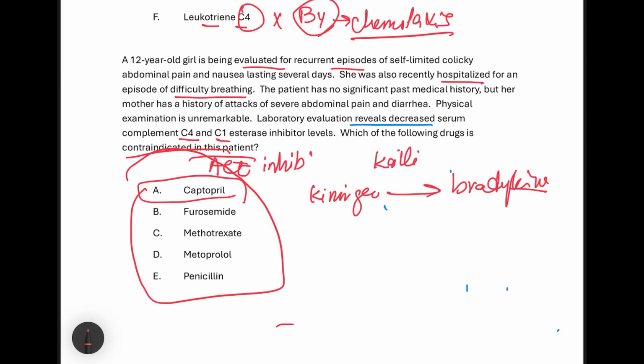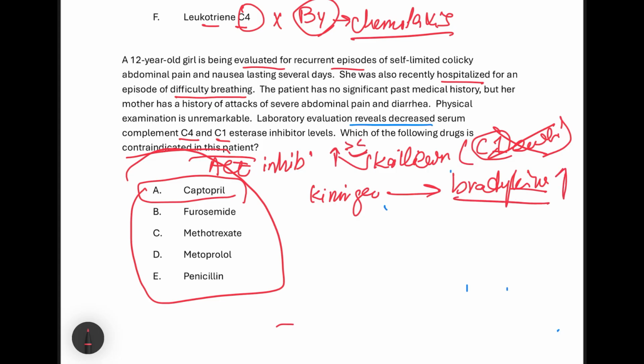This is inhibited by C1 esterase. When C1 esterase is present, it is active and controls the conversion of bradykinin. Now you are going to take ACE inhibitors.